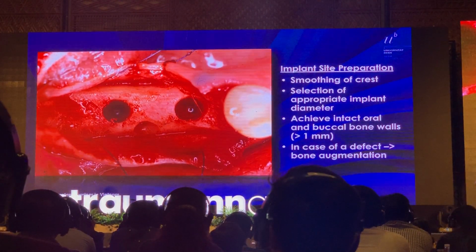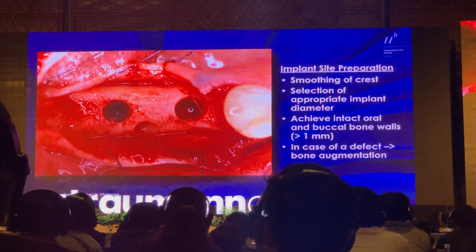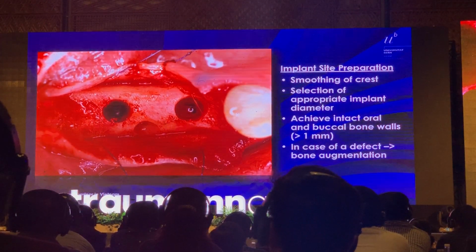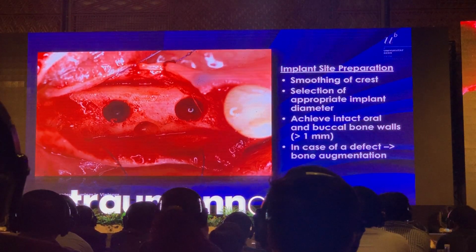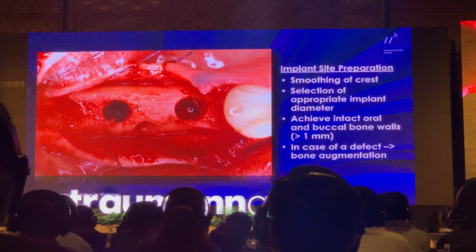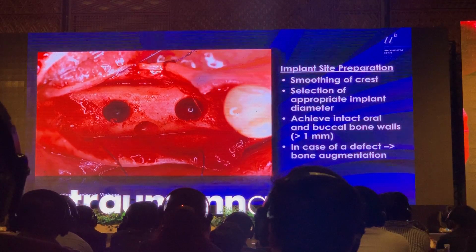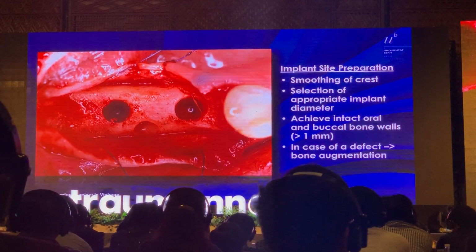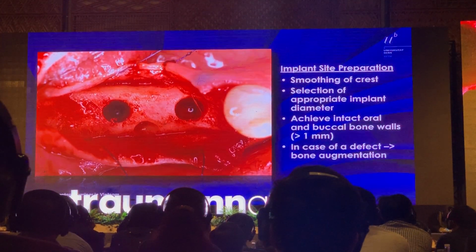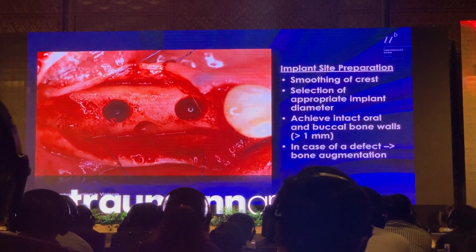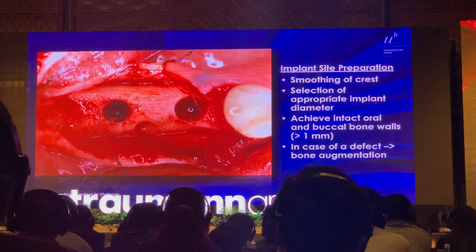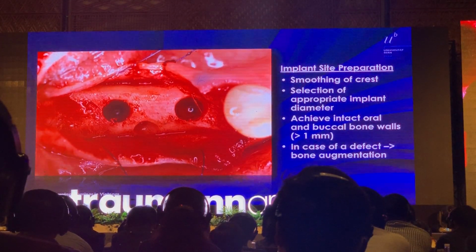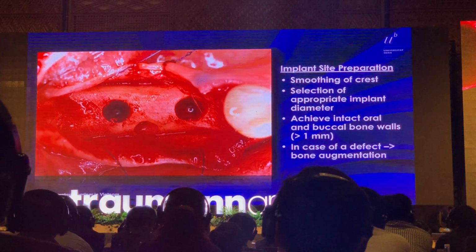Standard diameter, narrow diameter 3.3, very rarely 2.9, or wide diameter. When you have not much height, often the ridge is very wide, then you can use the wide diameter implant, which is 4.8. The core diameter of 4.8 is 4.2. That means you need more than 7 millimeters of width of the crest to allow a 4.2 millimeter implant to have these thick walls on both sides.